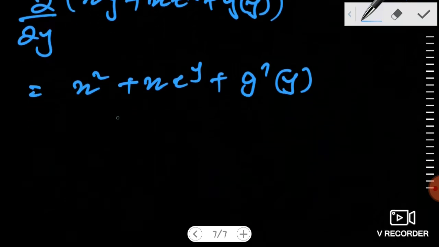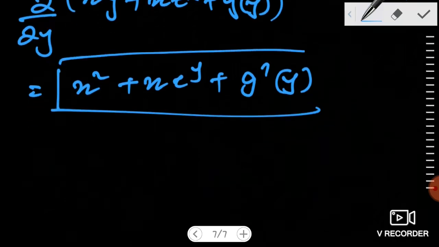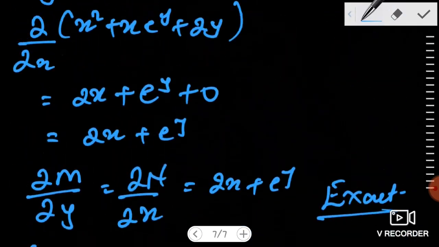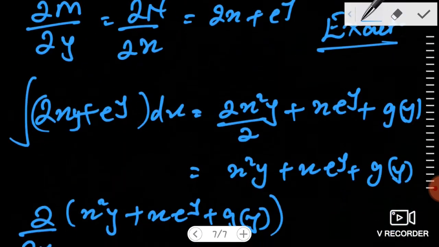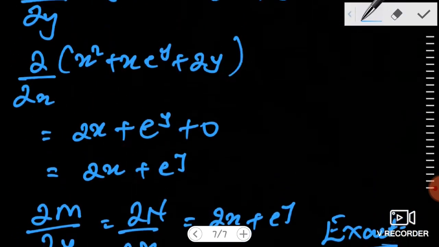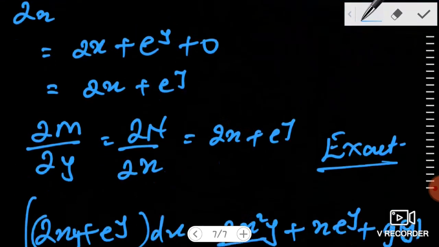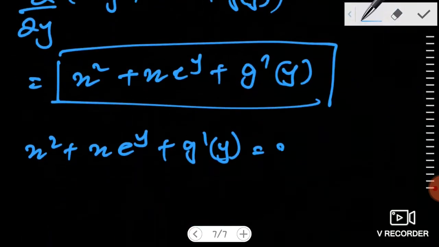Now, whatever we have got here has to be equal to N. So x squared plus x e^y plus d prime of y is equal to, what is our N? Our N previously was x squared plus x e^y plus 2y.